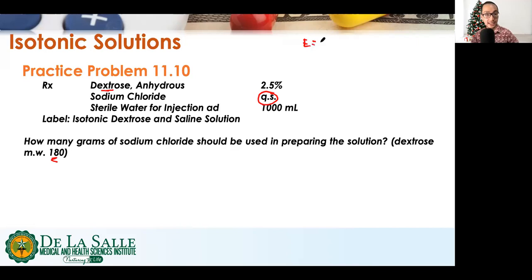So the E of dextrose is equal to 58.5 divided by 1.8 times, remember that dextrose is a non-electrolyte, its I is equal to 1, and the molecular weight is equal to 180. So the E value is 58.5 divided by 1.8 times 1 over 180.